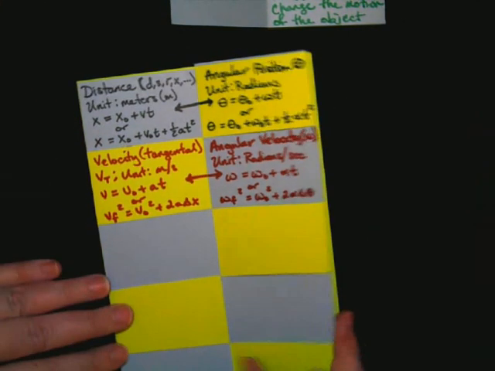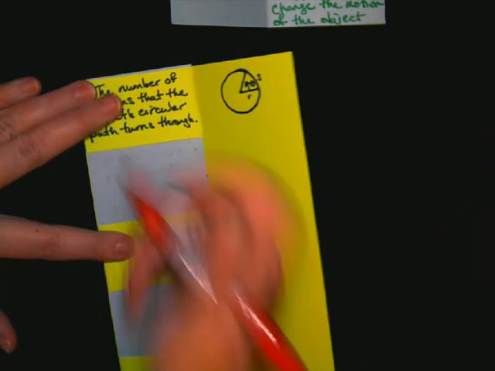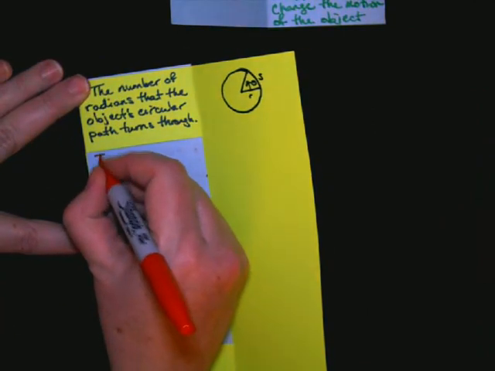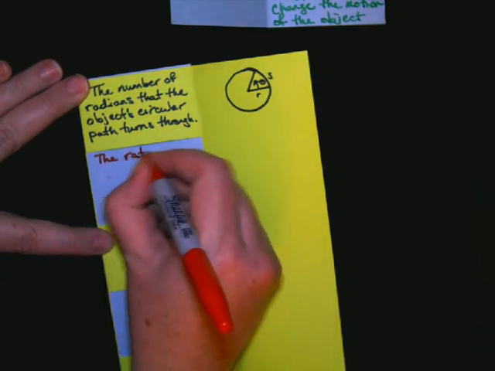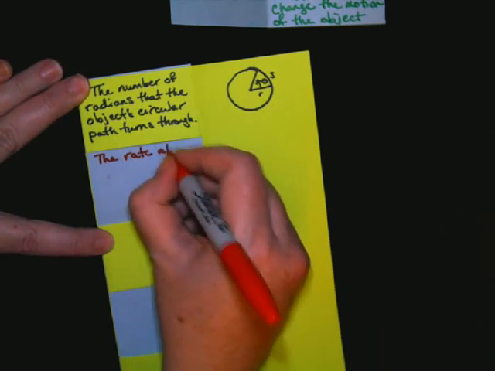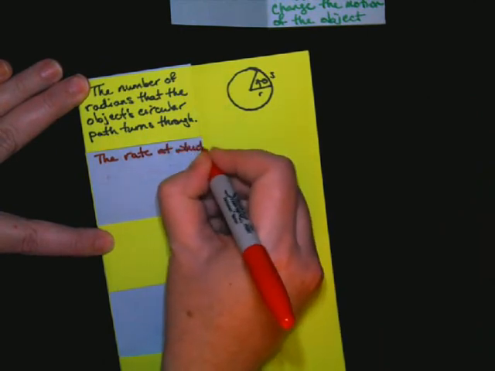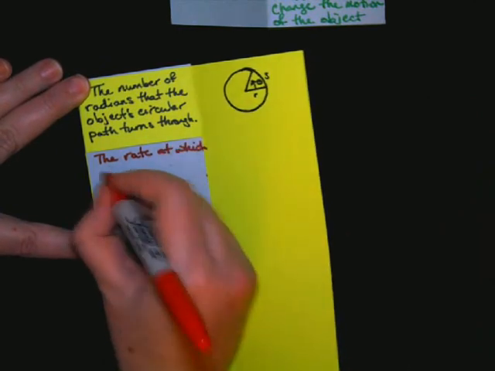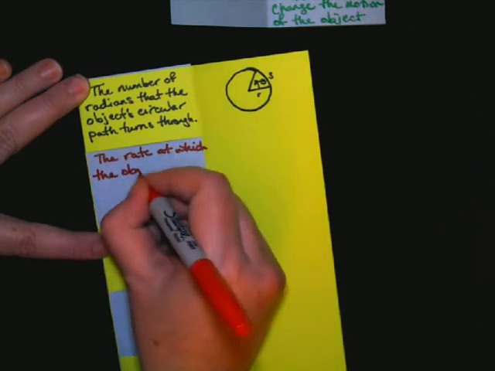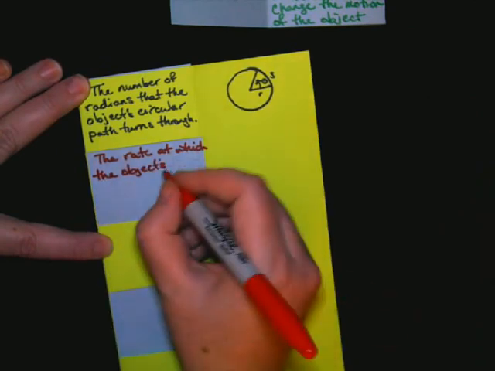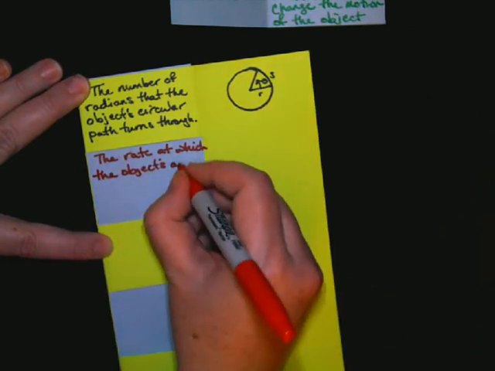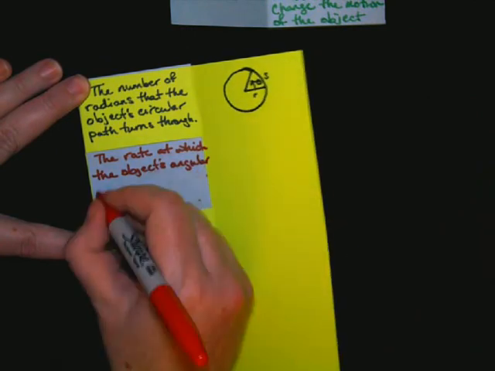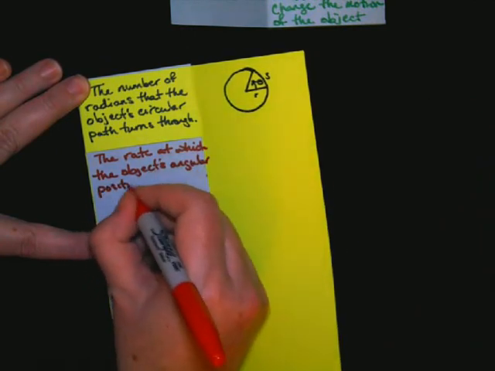So angular velocity is the rate at which the object's angular position changes.